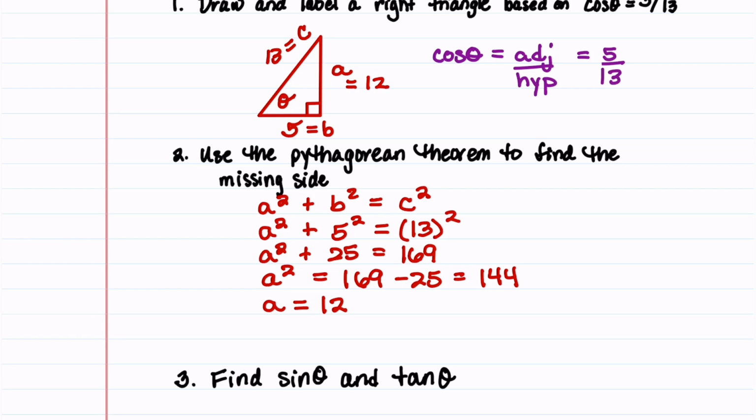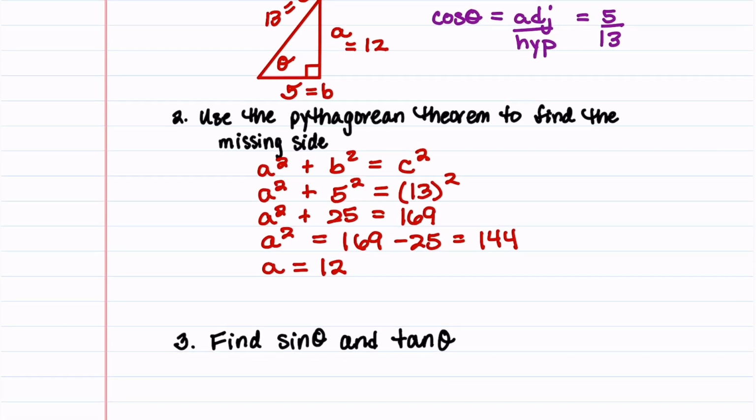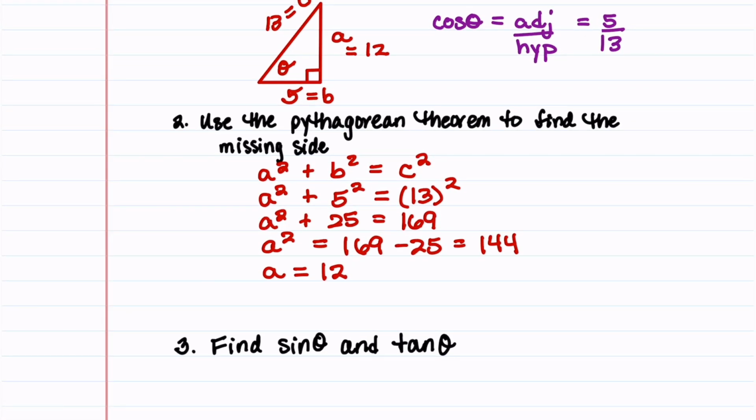The next thing we need to do is find the other two main trigonometric functions, sine theta and tangent theta. Sine theta is our opposite side divided by our hypotenuse.